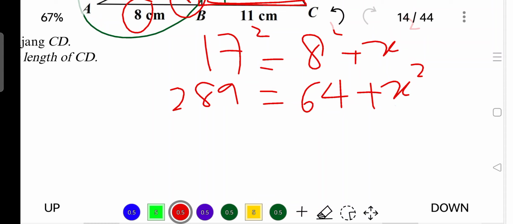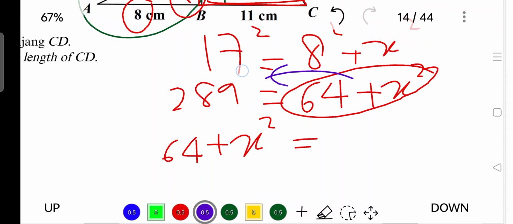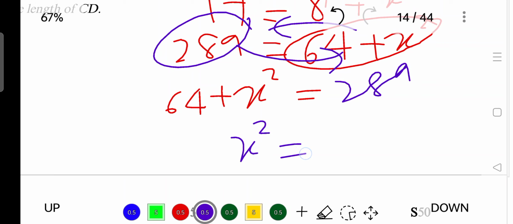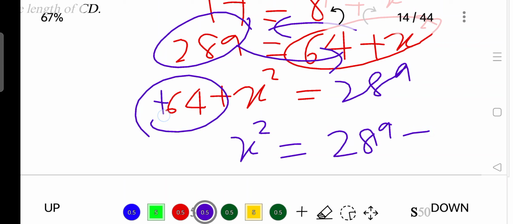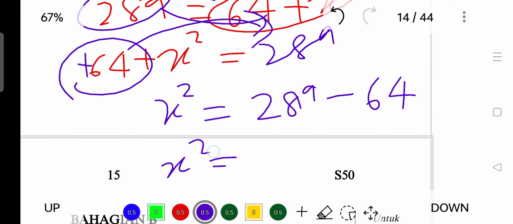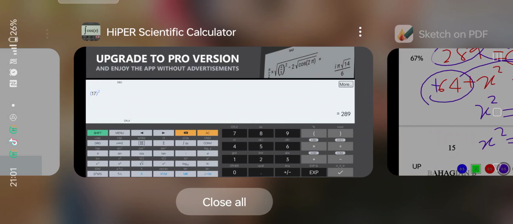Can I simply swap places? I throw the entire thing over there and this over here, and I just leave x square over here. This plus 64 goes there and becomes minus 64.